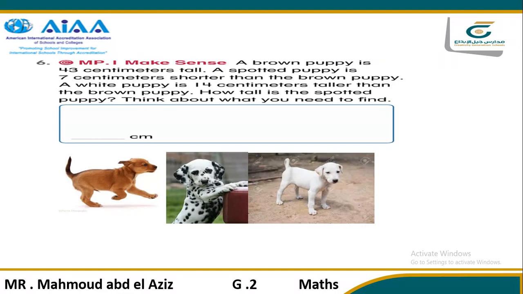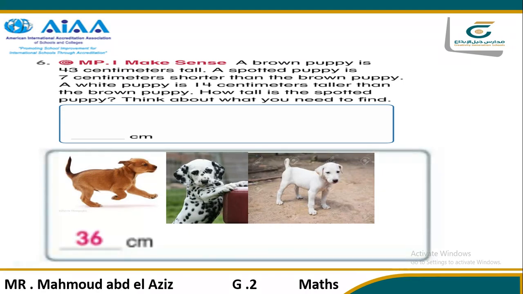And we said before, shorter means minus. Excellent. So we will subtract 7 from 43. So 43 minus 7 equals 36 centimeters.